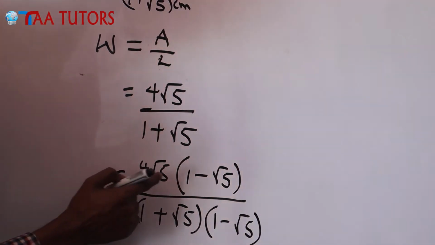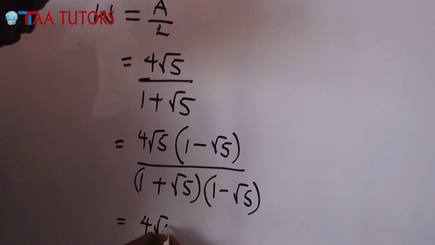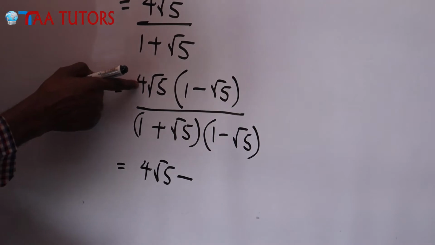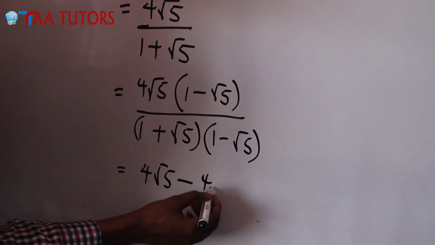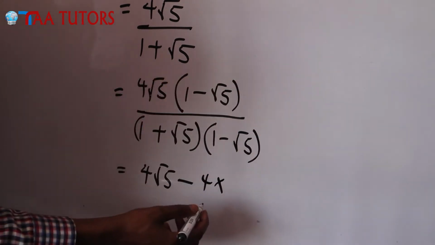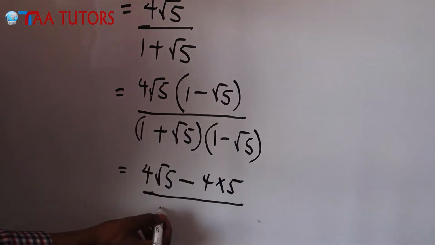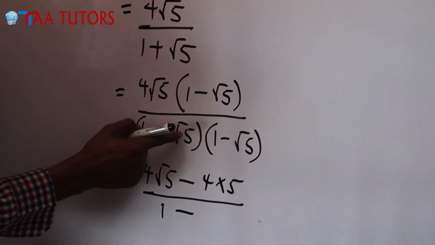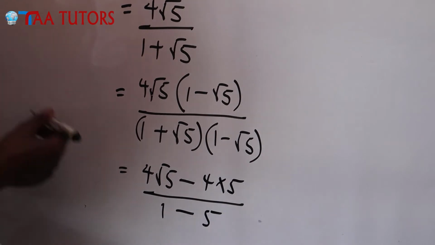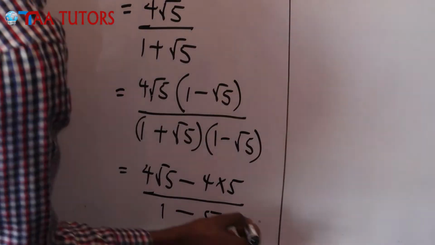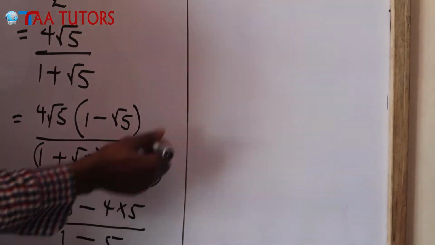So we know that this will be 4 surd 5 minus, if you multiply that by that, 4 times surd 5 times surd 5 is 5, divided by, we know that this one will be 1 times 1 is 1 minus surd 5 times surd 5 is minus 5. So if we continue to work this out, we'll get, let me say, 20.